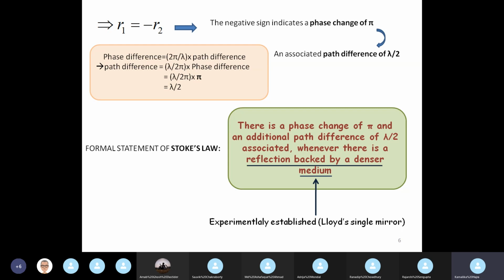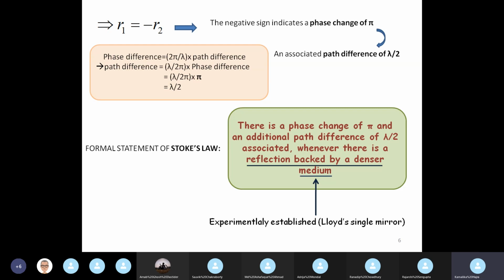The fact that this happens only when there is a reflection backed by a denser medium is experimentally established by Lloyd's single mirror experiment. Okay. Now, there has been no experiment that could prove that a phase change of pi takes place even when reflection is backed by a rarer medium.